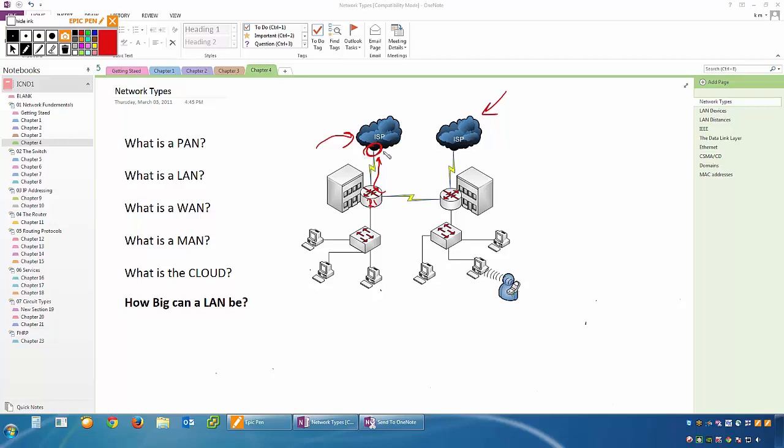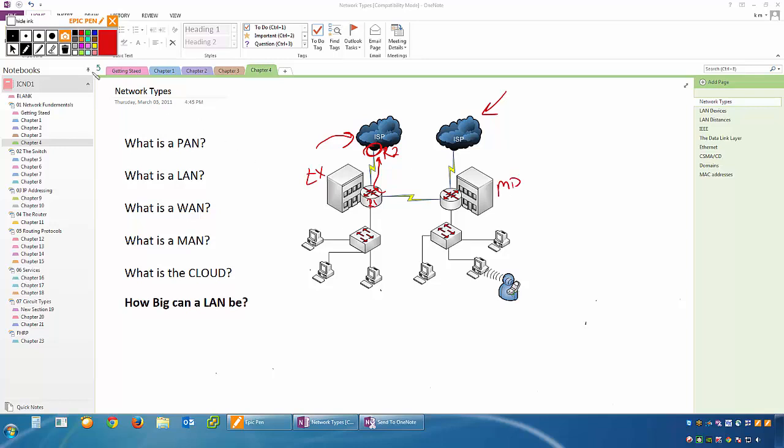So this might be your ISP's router. This might be router 2 sitting here. And you don't know how router 2 is configured, but you do know the IP address of this router, and that's it. And in this cloud could be thousands of routers that it would take for you to get to your Texas site over to your Maryland site.